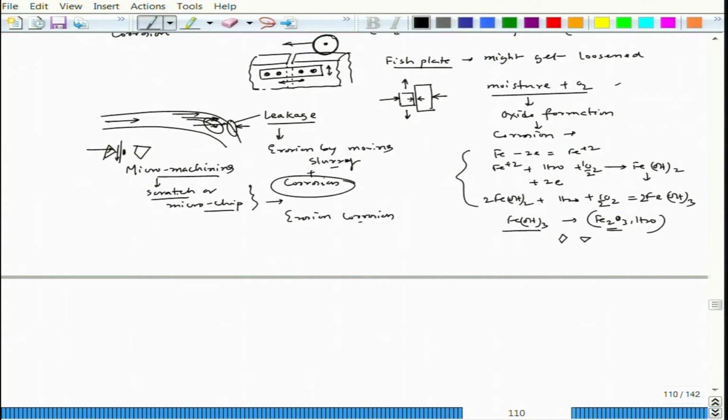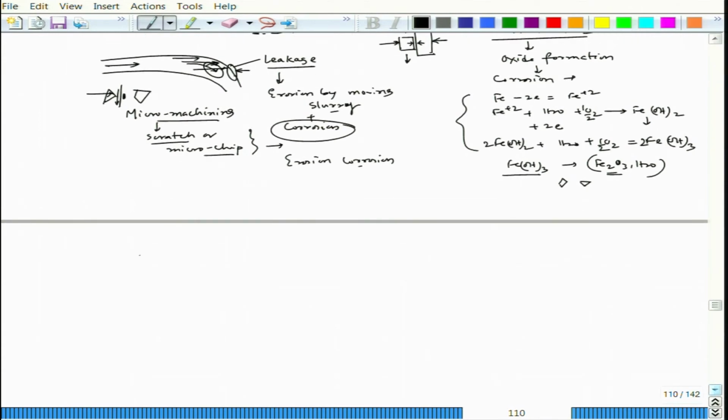Now, coming to why we are saying that it is a micro machining kind of situation, because if we look at a single point cutting tool cutting operation. So, this is a single point cutting tool, let us say, and this is moving this way at a given load.